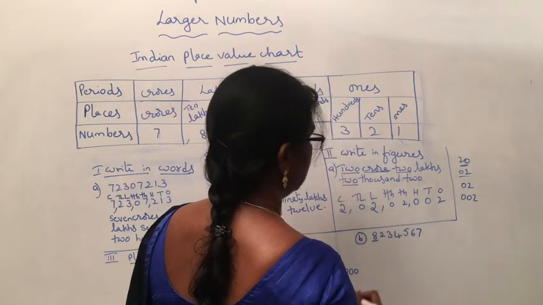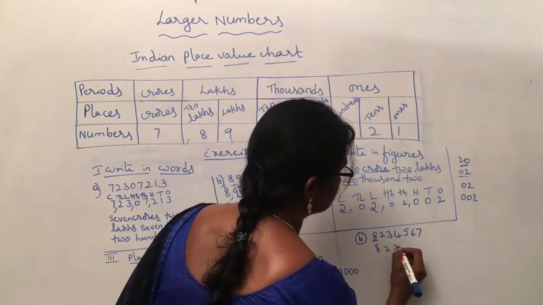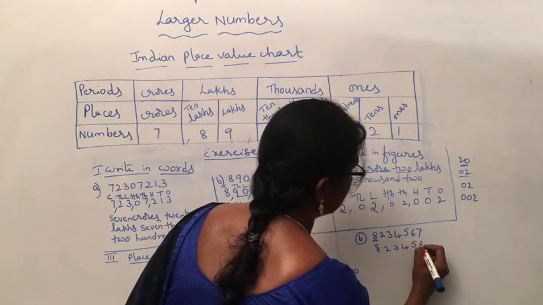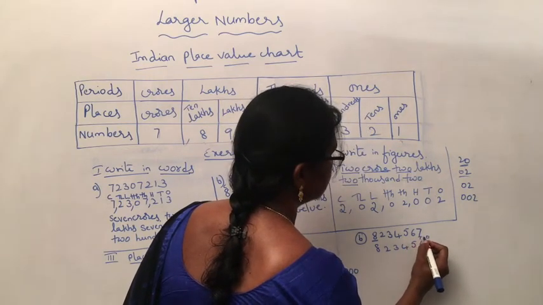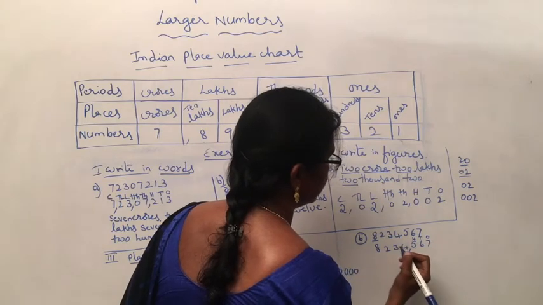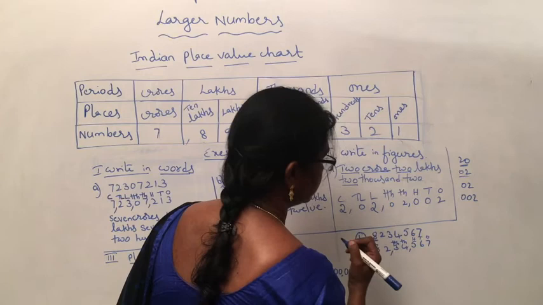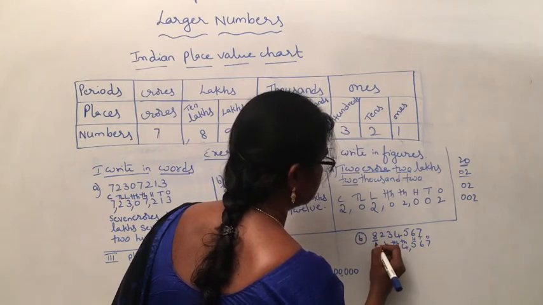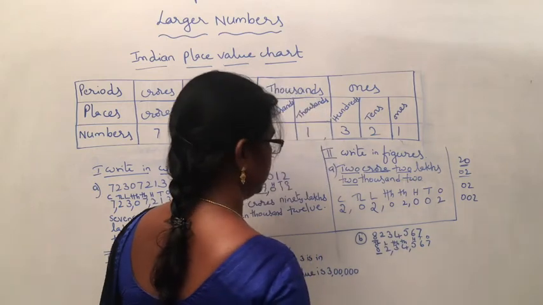Underlined 8. First we have to write the number again, with a little gap between digits, and write the place values: ones, tens, hundreds. Ones period over. 1,000, 10,000. Thousands period over. Lakh, 10 lakh. Then 8 is in which place? 10 lakhs place.